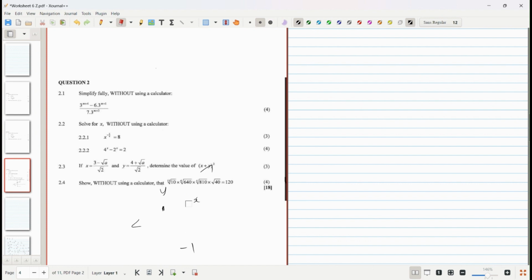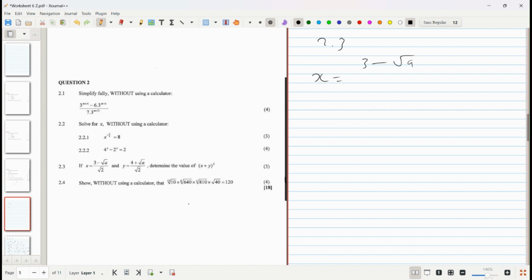Okay? So for the next one, we have 2.3. We have x equal to 3 square root of a divided by square root of 2, and then we have y equals to 4 plus square root of a, and then square root of 2.